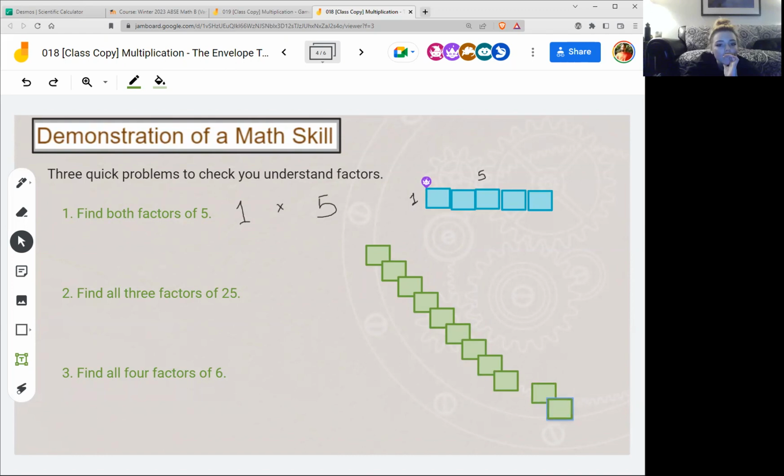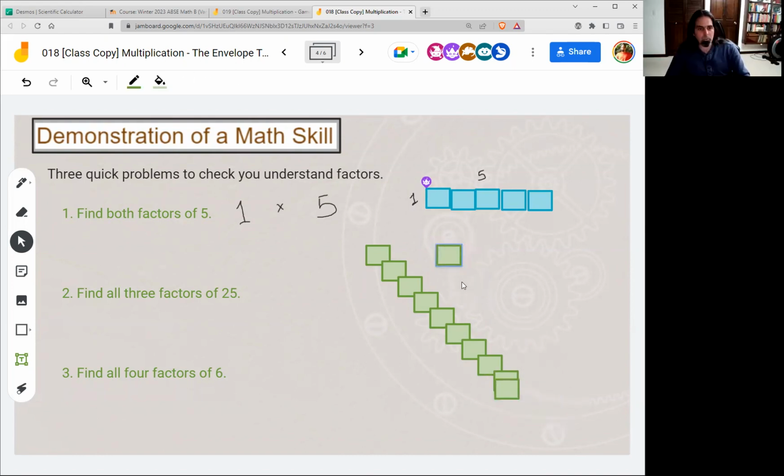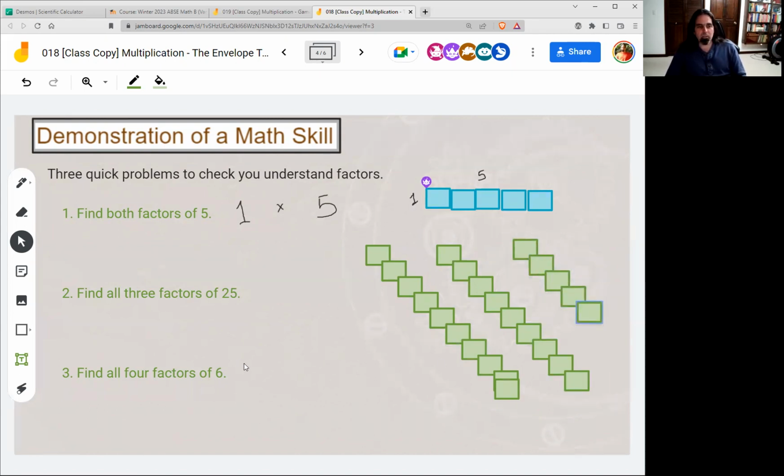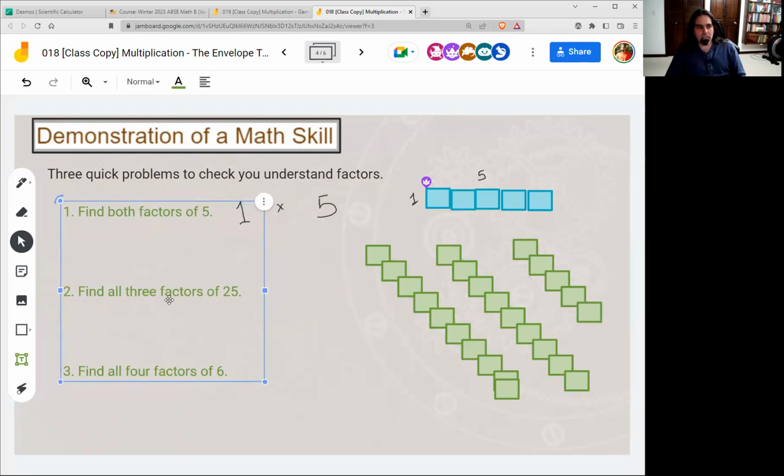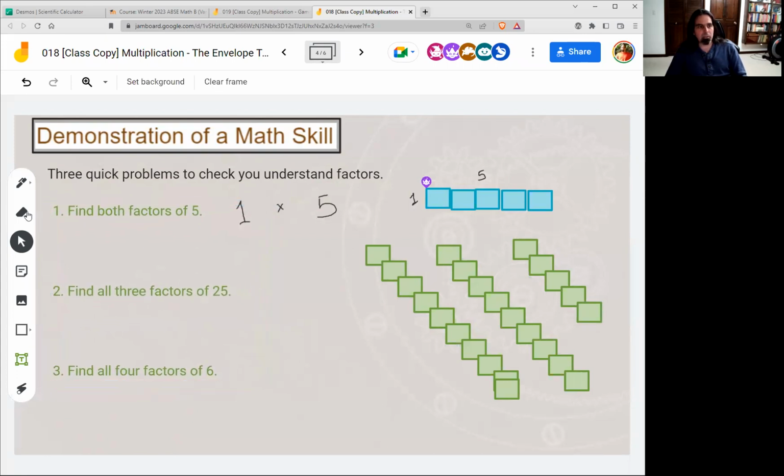So here will be 20. 1, 2, and then 5 more. How could we arrange those in a rectangle? What are numbers that multiply to be 25?